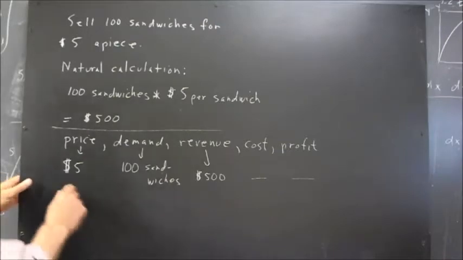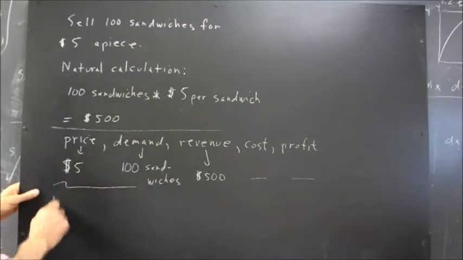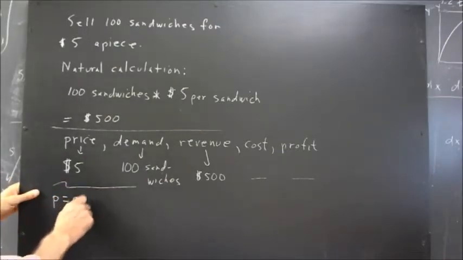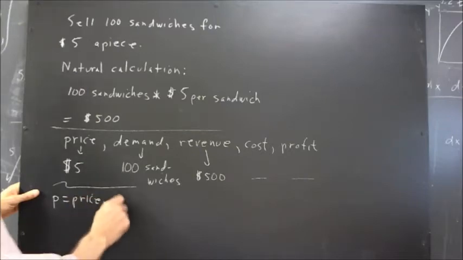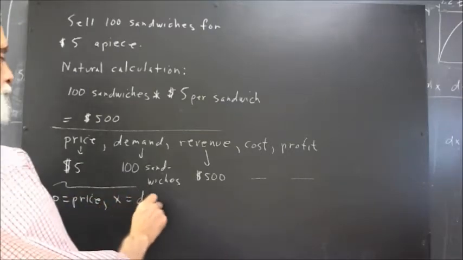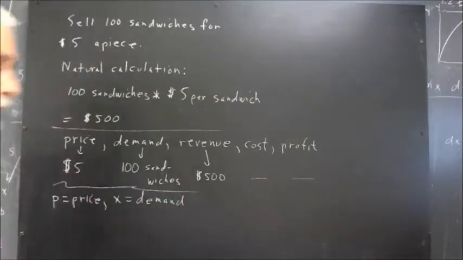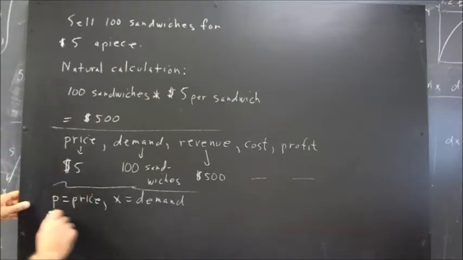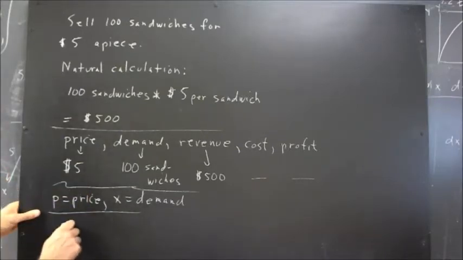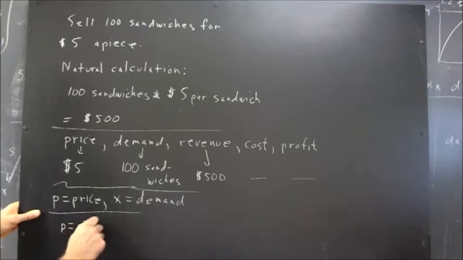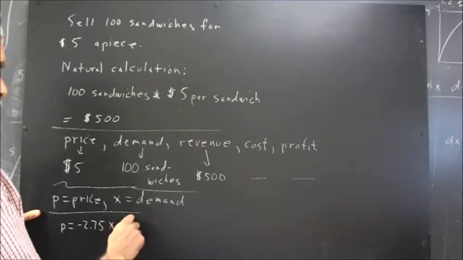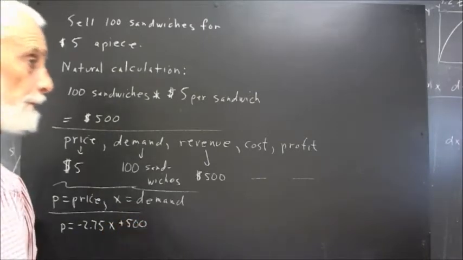So we're going to let P equal price, x equal demand. And the problem that we're looking at actually has price equals negative 2.75x plus 500.